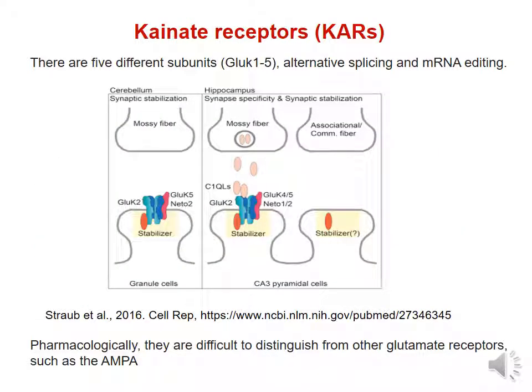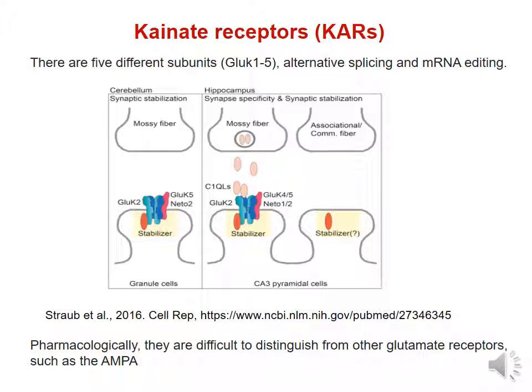So, KARs in the brain form a tripartite hetero-oligomeric complex consisting of the 5 different GLUK subunits, GLUK1 to GLUK5, and they assemble in tetramers and combine differently to form different tetrameric receptors that are also in close assembly, and they cooperate with an auxiliary receptor protein called NETO.